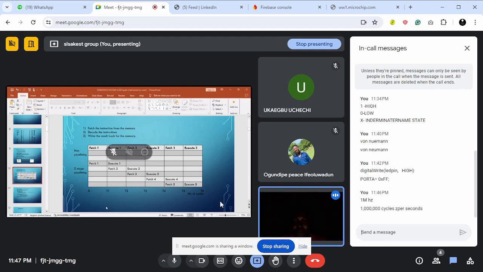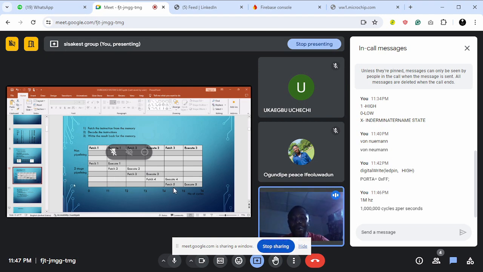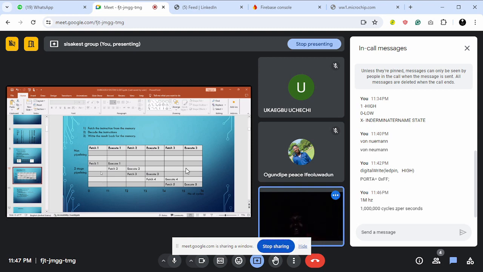If you look at this table in front of us now, it means that at the very first cycle that I receive, I want to fetch instruction 1. Then at the second cycle, for the non-pipelining case, I want to execute instruction 1. Then the next cycle, I want to fetch instruction 2, then execute instruction 2, fetch instruction 3, and execute instruction 3.